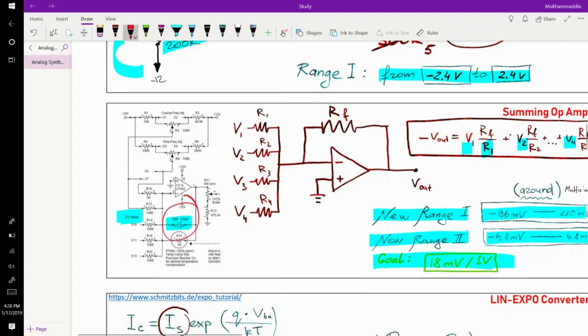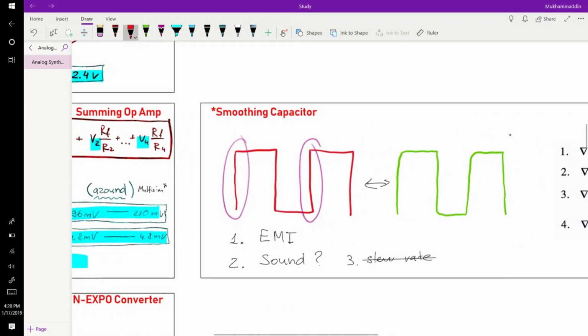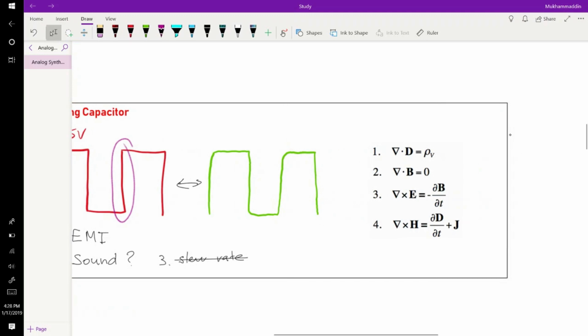If you're sending, for example, a square wave into here, then the thing with square waves is that if this edge is going very fast from 0 to the top, so let's say from 0 to 5 volt very quickly, if this rising edge is sharp, then that means our voltage is changing very rapidly, and that will be creating magnetic fields around them.